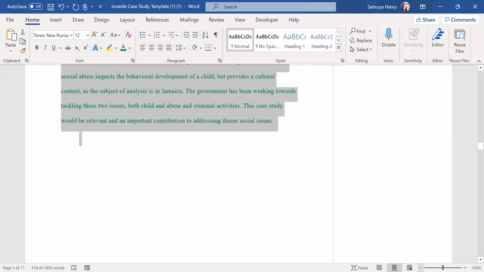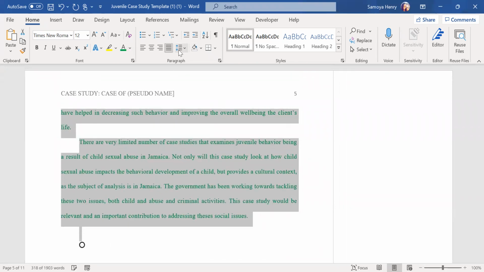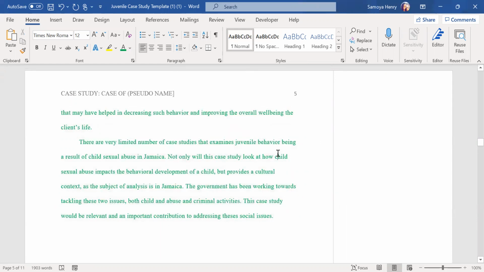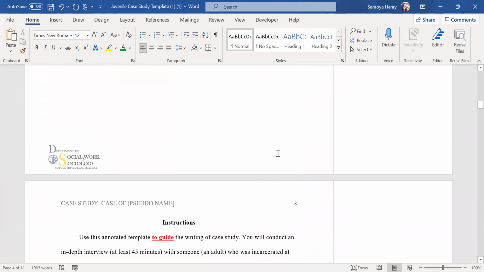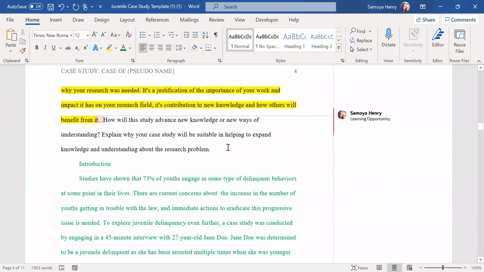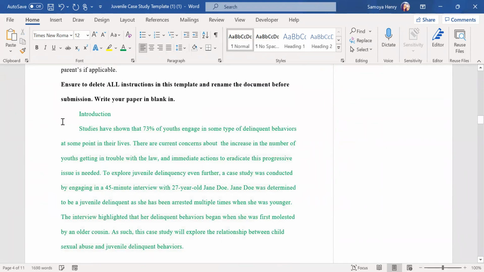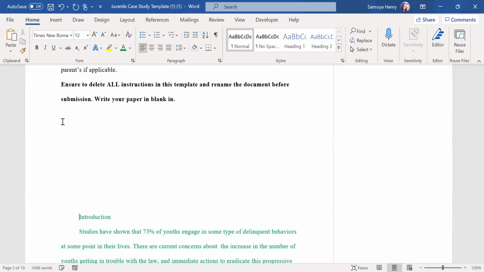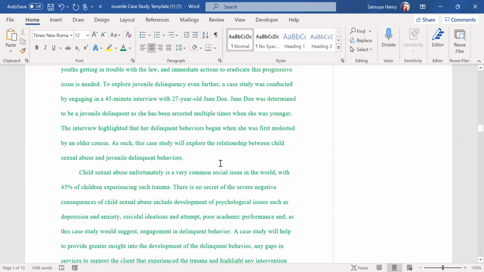Let me zoom out to 100 pages, and this is Times New Roman. I just want to see how many pages this is if I remove the instructions. That's all. So I'm just going to edit it so I can see how many pages we're working at.